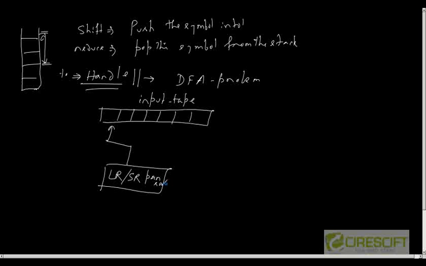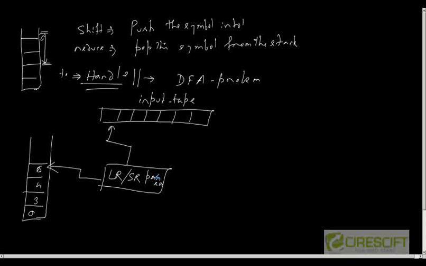Then I have a stack of states, and suppose my states are numbered, like 0, 3, 4, 6, and the stack pointer always points to the top of the stack.